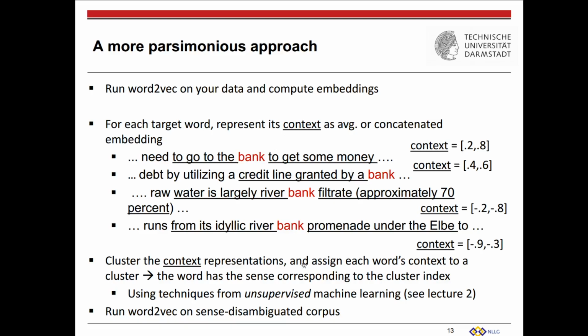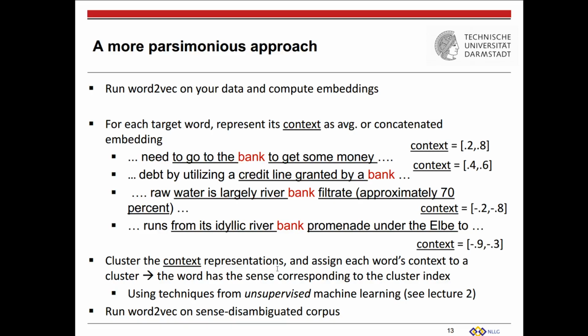So if we have thousands of occurrences of bank, we would have 1,000 context vectors, one for each instance of bank. Now what we can do next is we cluster these context representations using some clustering algorithm, and you've seen in the lecture on machine learning at least the basic principles of clustering.